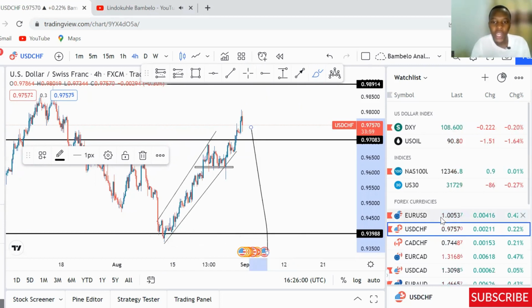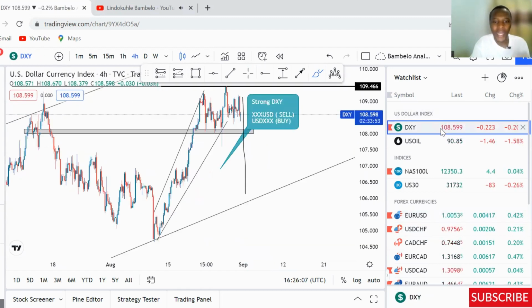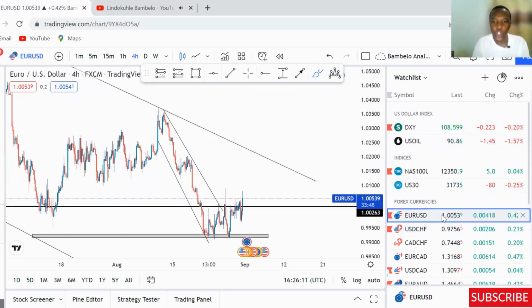So when we're talking about currencies that have the US dollar as the quote, this means that if the dollar index is strong, which also means a strong dollar, then your pairs like Euro USD, GBP USD, AUD USD, NZD USD will sell because they're going to lose value.